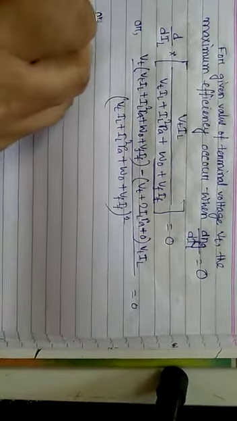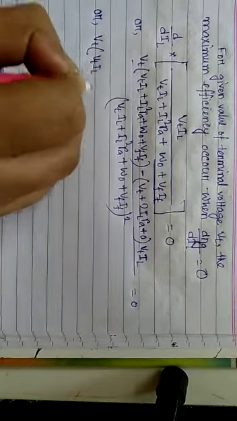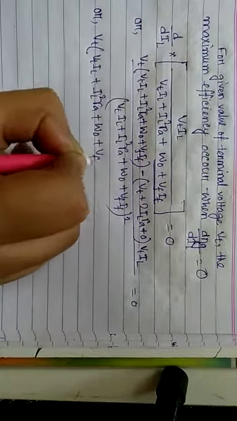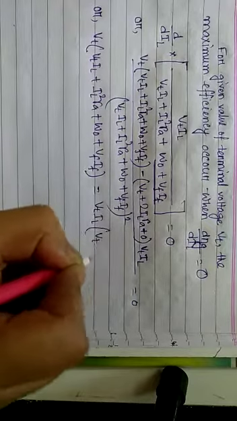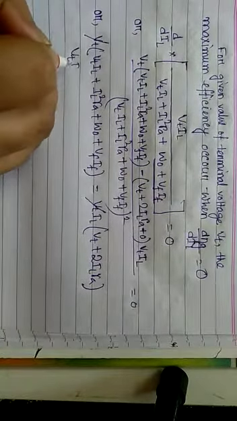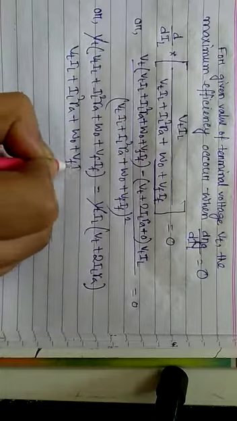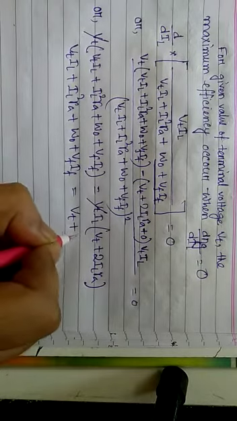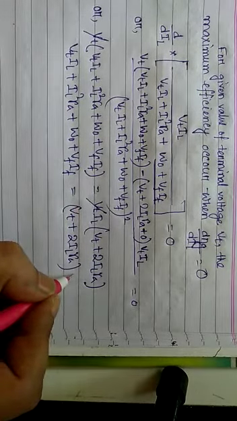Now Vt IL plus IL square Ra plus W0 plus Vf If is equal to Vt IL into Vt plus 2 IL Ra, and this one is your IL.